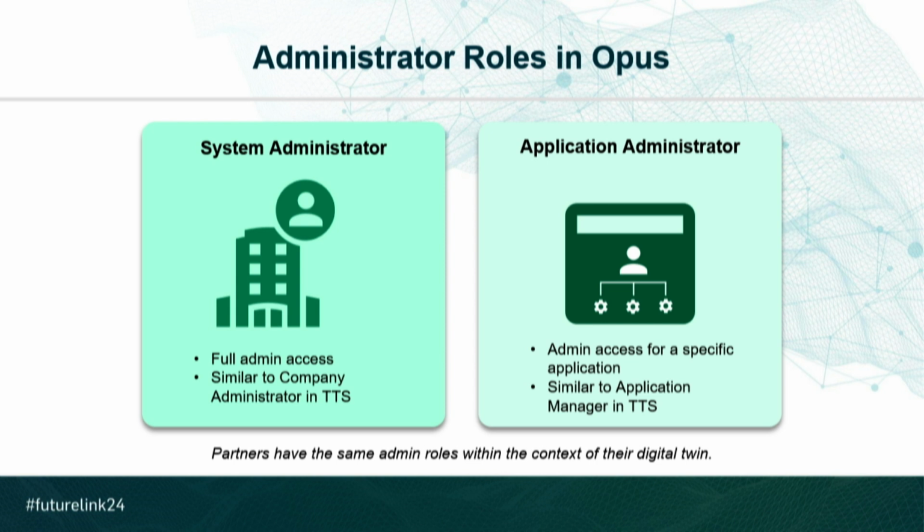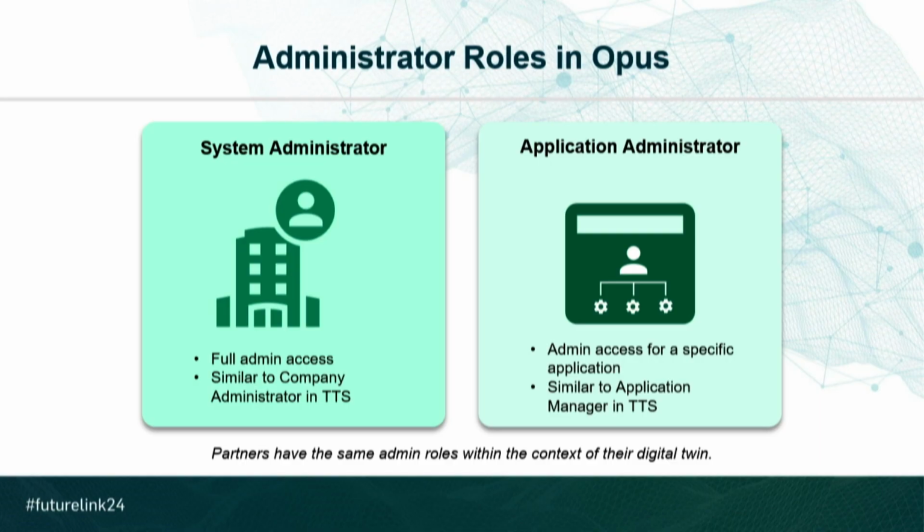And just to highlight again, if you are an administrator, you do not automatically get access to the application itself. You do need to have a member role to work in the system. If you're a system administrator, you can give yourself a member role for any network application configuration. If you're an application administrator, you can only give yourself the member role for that application that you are the administrator of.